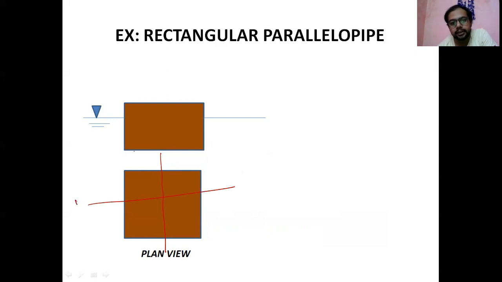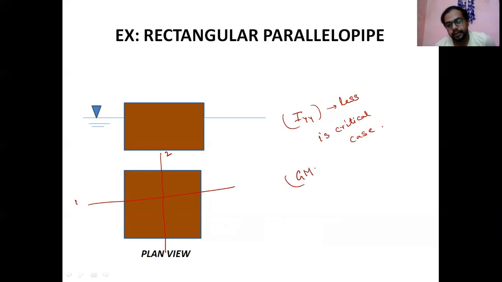Whether this axis or this axis. Where the moment of inertia, the I value, is less. The lesser I value is the critical case. Where the second moment of the floating area about the rotational axis is lesser, you have to consider this. That is most critical for the GM or metacentric height. So this way you have to choose it.